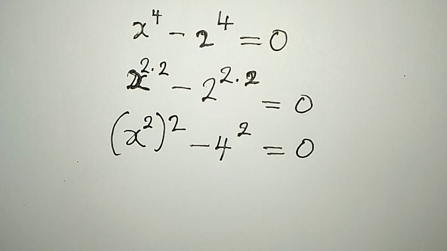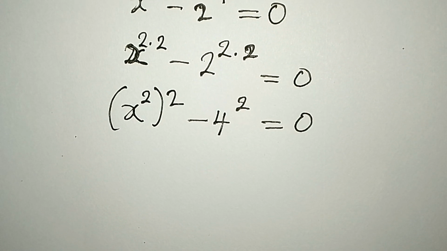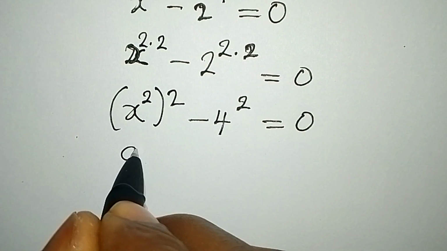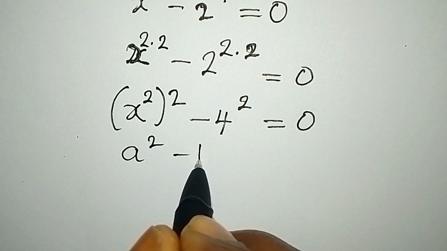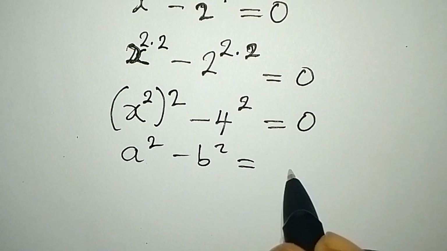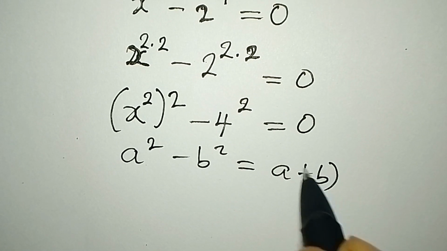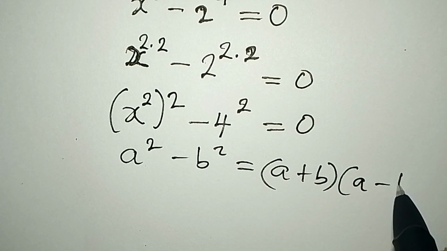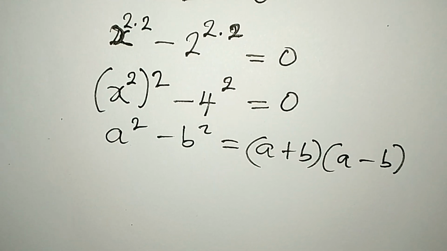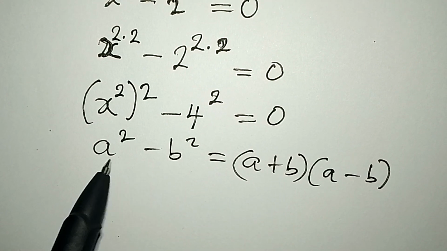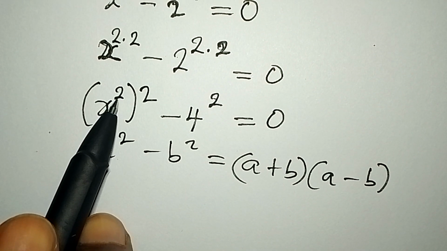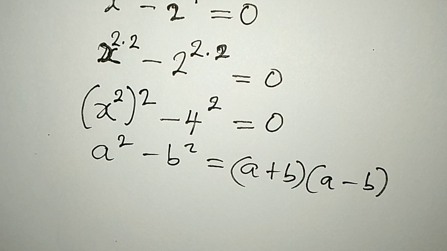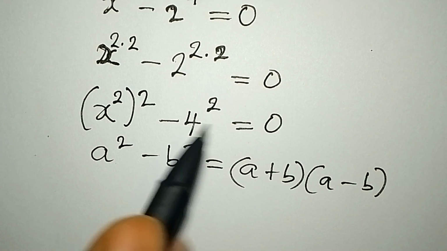At this point, we can apply difference of two squares. If you have a squared minus b squared, it is a plus b into a minus b. So according to this, our a is x squared, and then our b is 4.